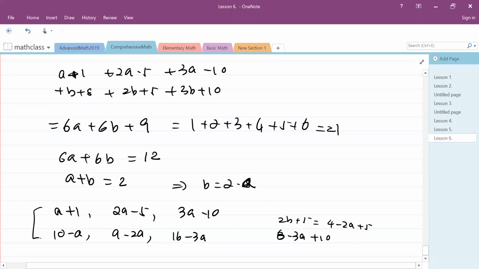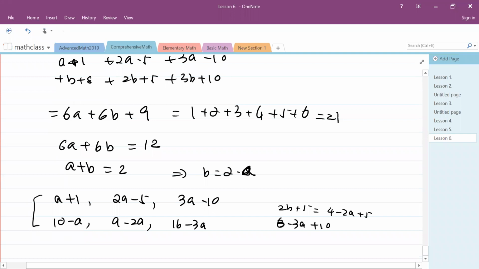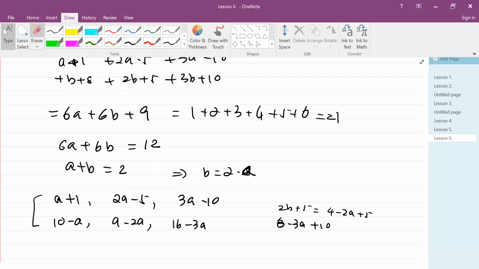So now you just have those numbers expressed in terms of a only. In terms of a only, then you can quickly determine.